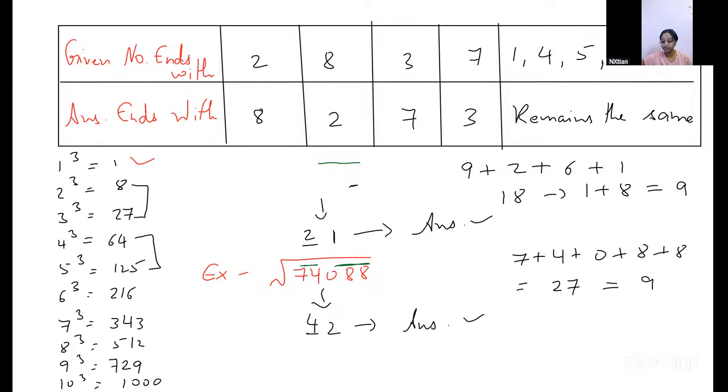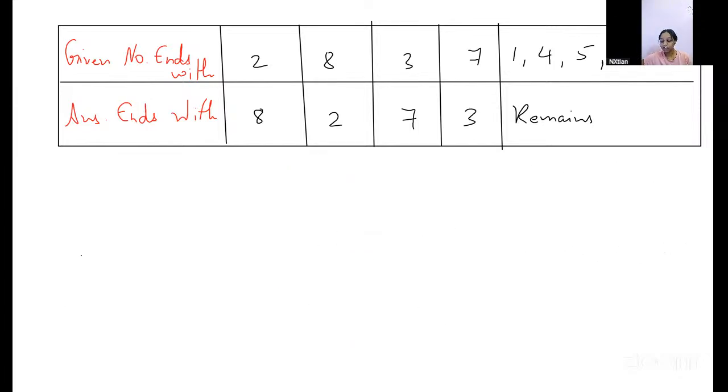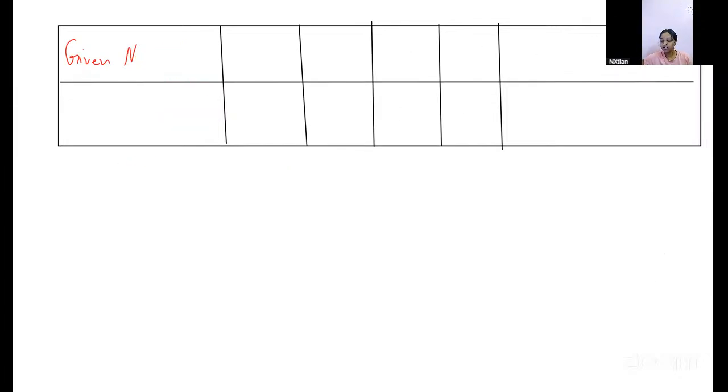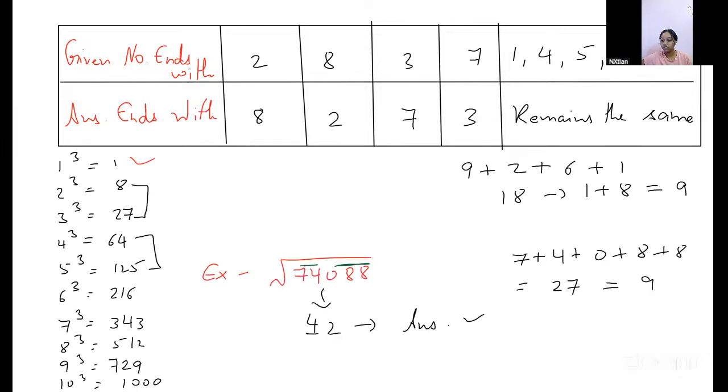Yes, Anaya. Why do we make the numbers into pairs? I mean, we don't use it to solve anything. I think it's just to simplify the calculations, to simplify the finding of the cube. Okay, so just for that, we do it in pairs.